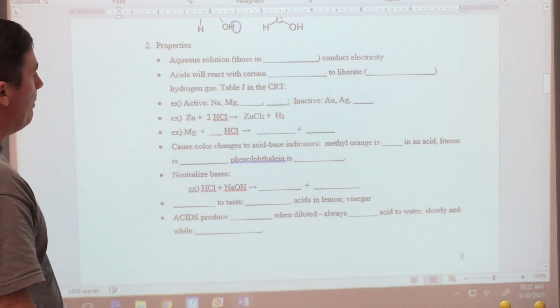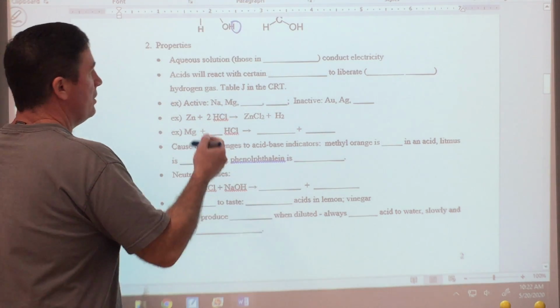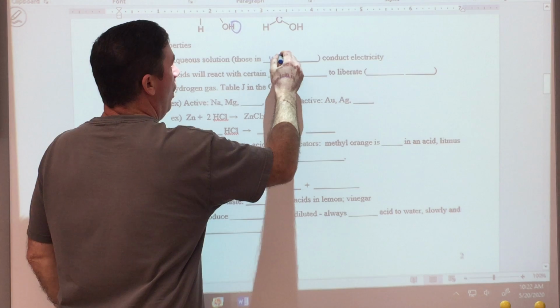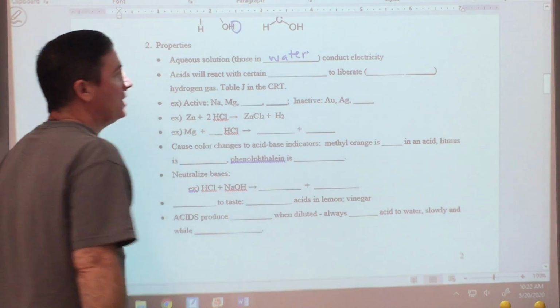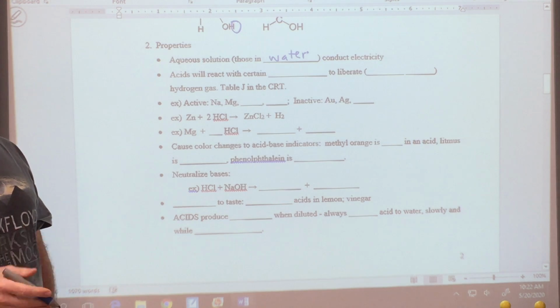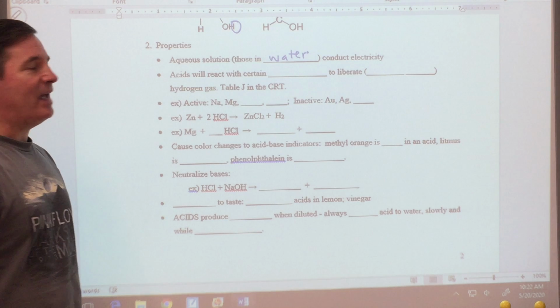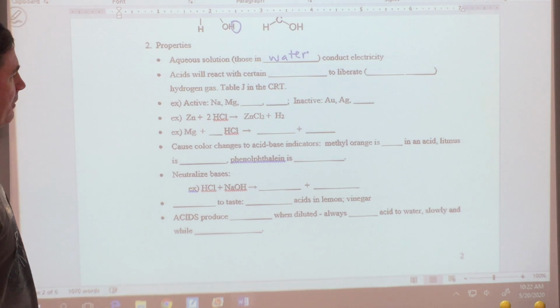Second thing here is properties. Aqueous solutions, you might remember that those are in water, conduct electricity. So acids in water will conduct electricity. If it's a strong acid, it does it well. If it's a weak acid, it doesn't do it very well.